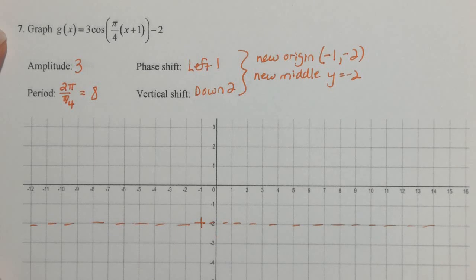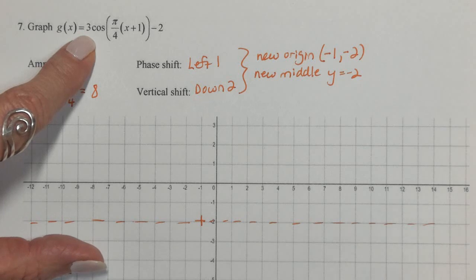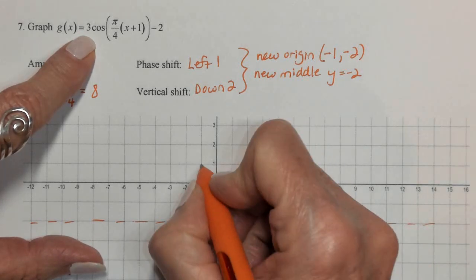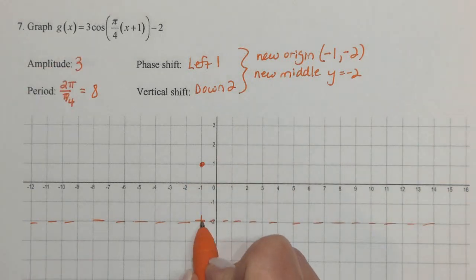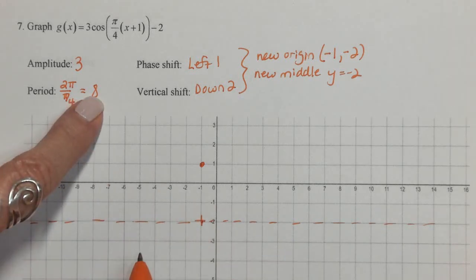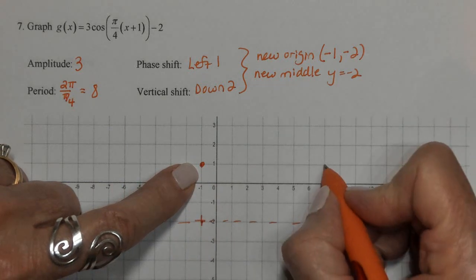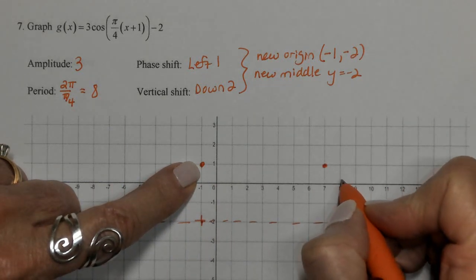Okay, positive cosine starts above the origin, whatever the amplitude is. So we start up 3 units from our new origin. Now, after 8 units, we're back there.